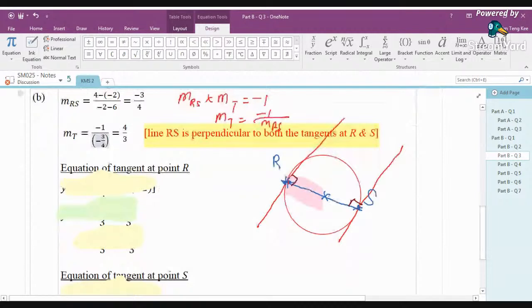With the tangent gradient as 4/3, and both of the tangents having the same gradient, please take notes.